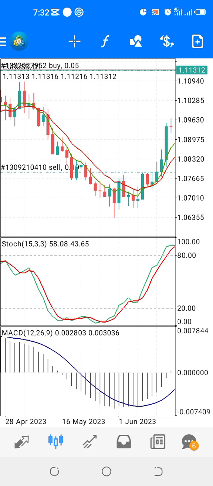In summary, I will advise you trade on daily charts, use 5 SMA, apply to close, and 10 SMA, apply to close. Use stochastics or use RSI.